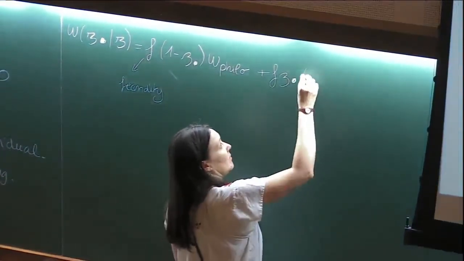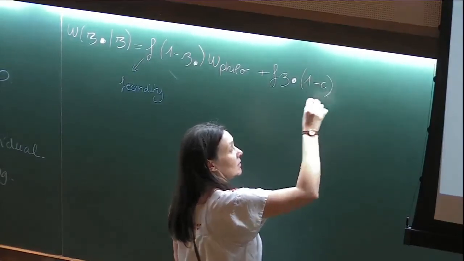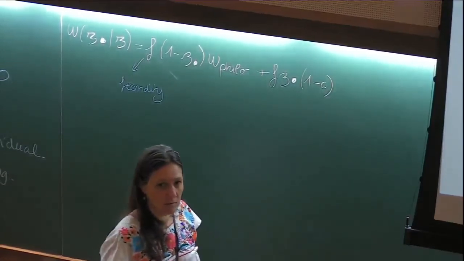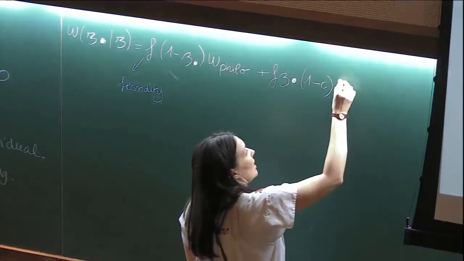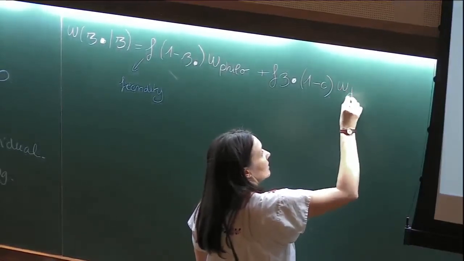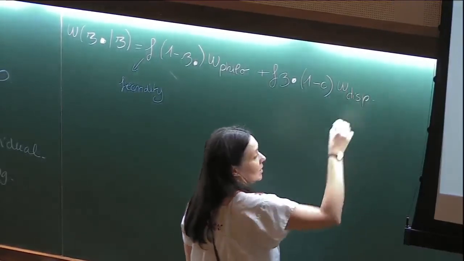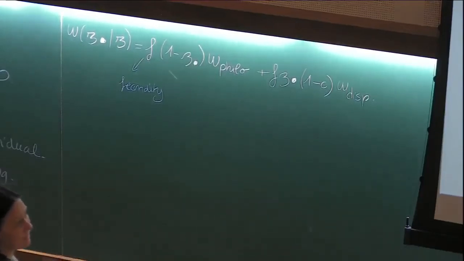A fraction of them are going to die in the dispersal process. And on average, the survival will be W disp, which is the survival of offspring somewhere else than in the natal patch. That's really simple.